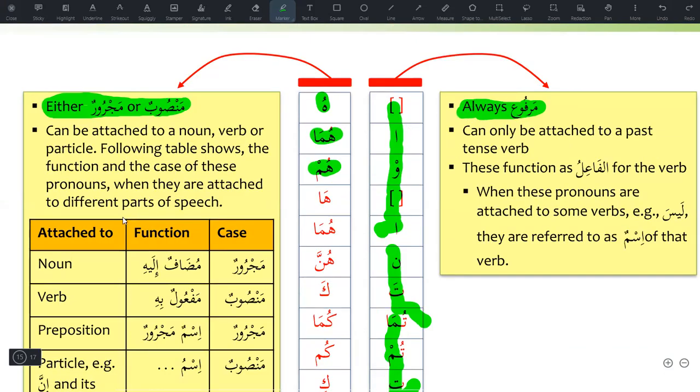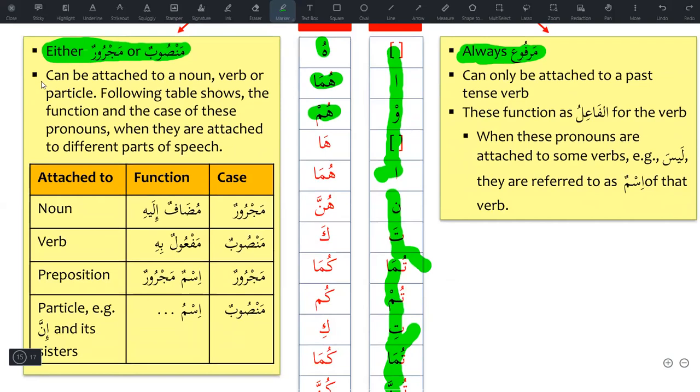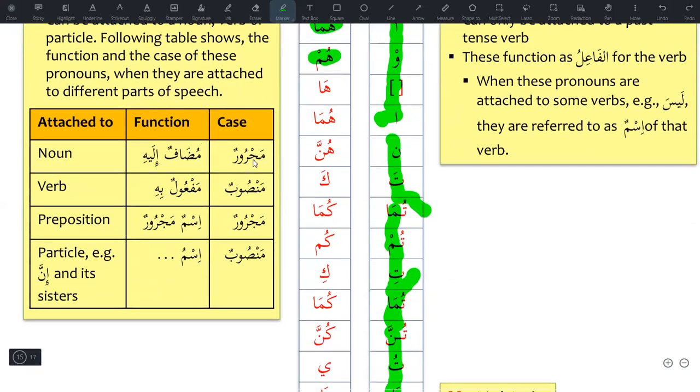So first we learn here: it can be attached to a noun, verb or particle. The following table shows the function and the case of these pronouns when they are attached to different parts of speech. So majroor as a mudaf ilayh: if these attached pronouns are majroor, as a mudaf ilayh.